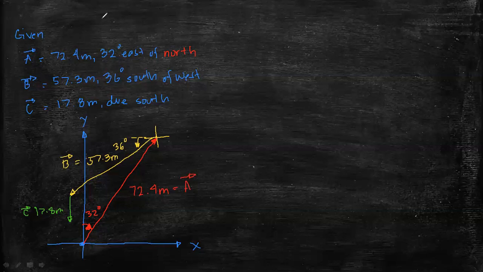Therefore, we are looking for what the winner has calculated, which is the resultant vector. So we're looking for the magnitude and direction of vector R.